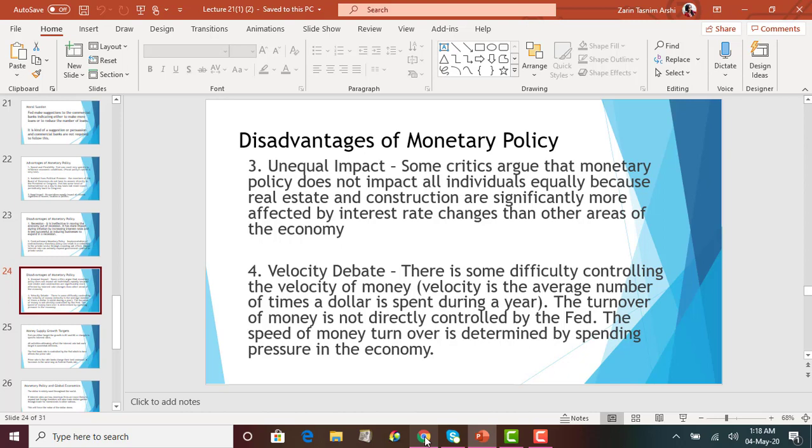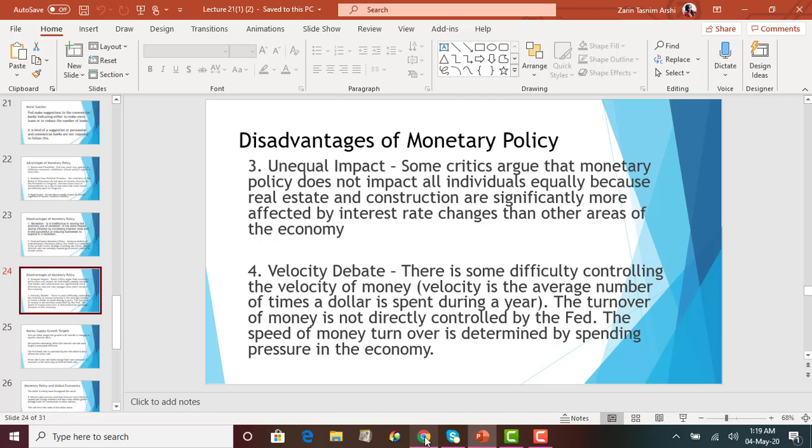The Fed has difficulty controlling the velocity of money. So what is the velocity of money? Velocity of money is basically the number of times a dollar is spent during a year. Let's say I have $1 with me on January 1st, and I use it to buy a Coke, and then it goes to Coke, and then Coke uses it to buy syrup, and then the syrup company uses that $1 to buy, let's say, another raw material, and this all happens in 2020.